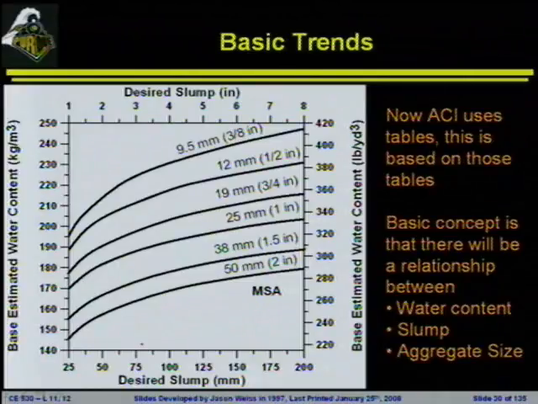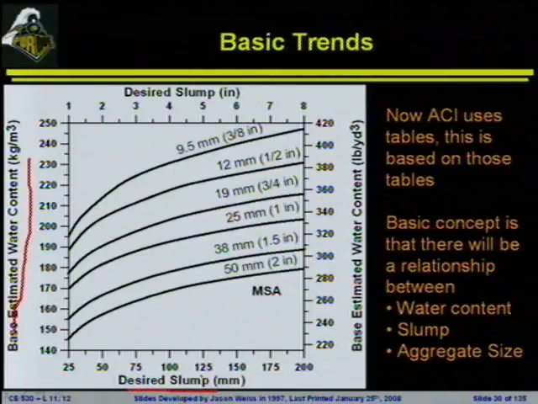So if you say, well, I've gone to ACI 211 and I don't see this, I don't know where he came up with this, this is the data that's given in the ACI tables. The only thing that I've done here is fit a few curves to the data in those tables, and I have said that we can start to make a relationship between the estimated water content, which is on the y-axis, and the desired slump, which is on the x-axis.